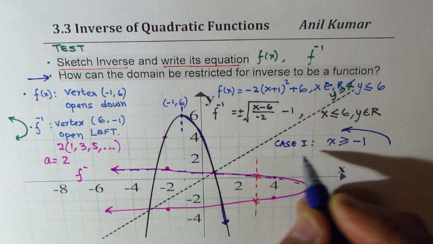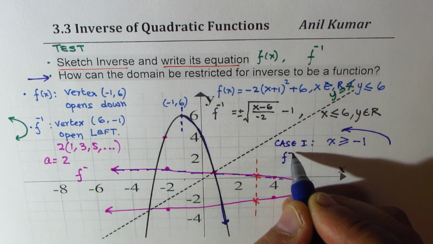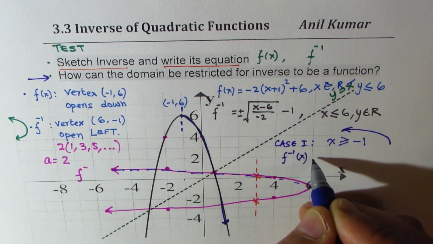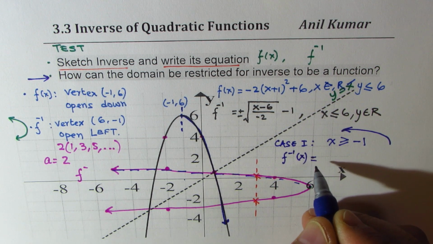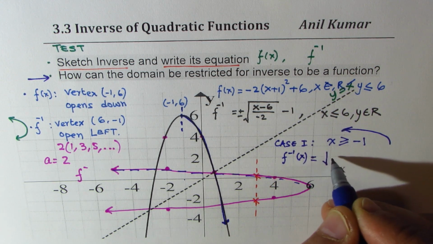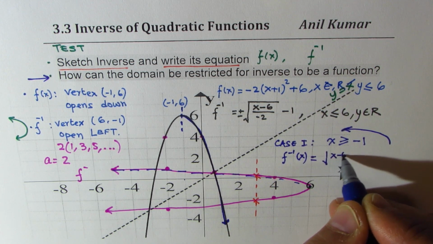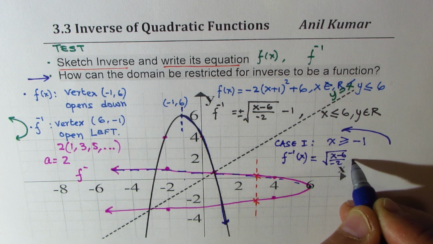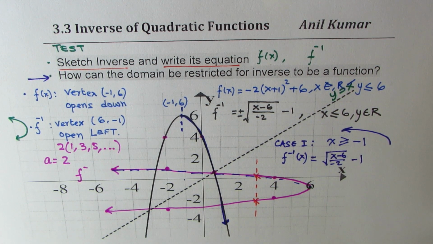Do you see that? So the inverse will now be a function, so I'm writing f inverse x, which will be equal to the positive value of square root of x minus 6 over minus 2, minus 1. Does it make sense to you? Correct? Now, let's take case 2.